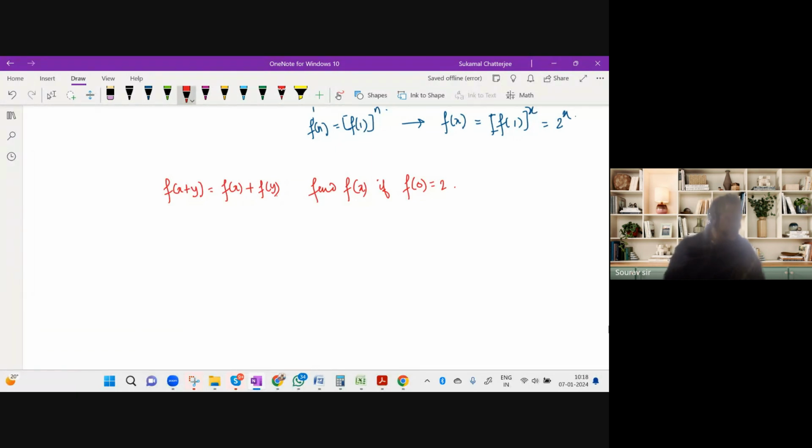Are you able to solve this now with the given condition? Are you able to solve it with the given condition?